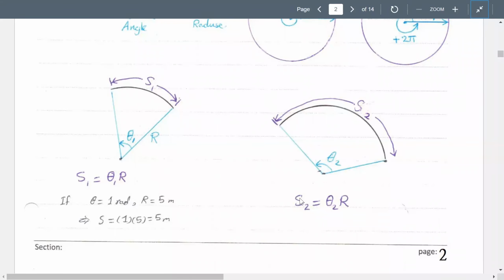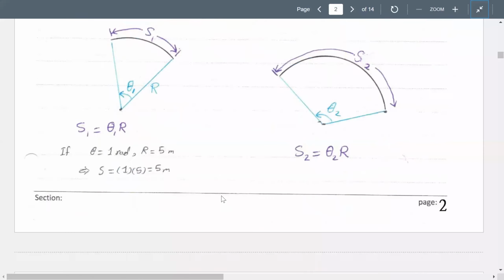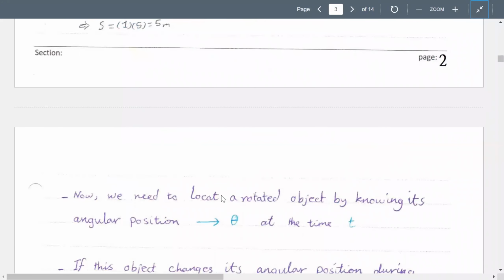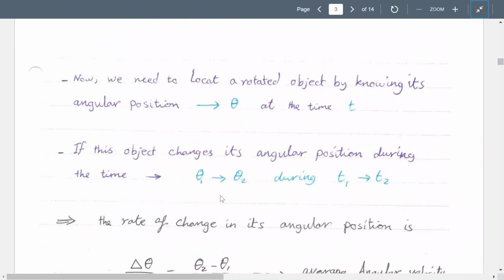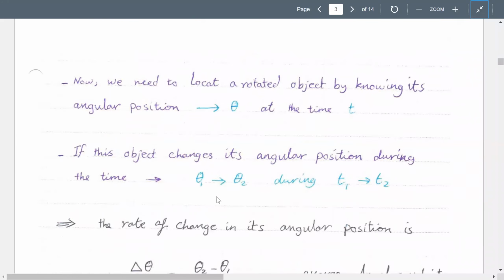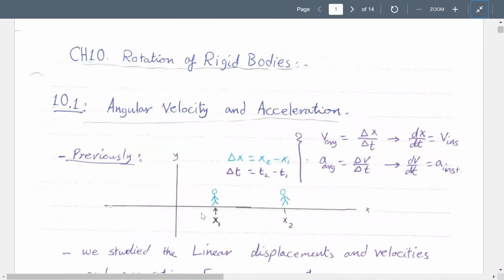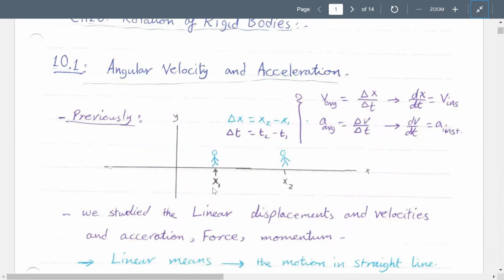Any question about this? Okay. Before, as we know, if we need to locate the position of any object, we need the coordinate of that object to find the position vector, for example, or just the position.